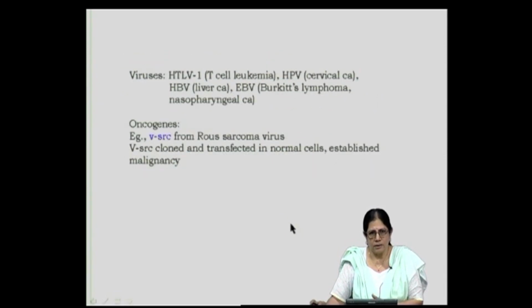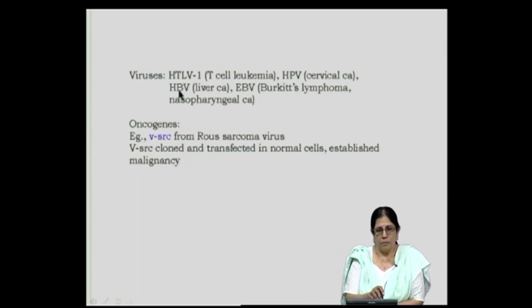There are viruses which are also known to cause cancer. They are not chemical reagents, but they are also cancer causing agents. Examples are HTLV, human T lymphocyte virus, and HPV.